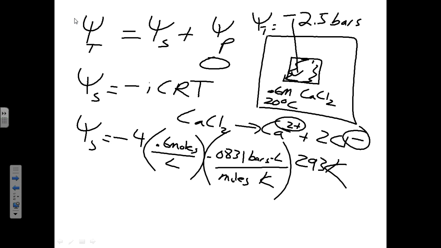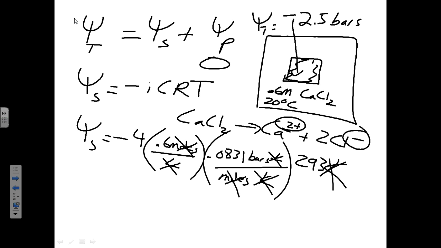So first of all, we check all our units, and moles will cancel out right here. Liters will cancel out right here. And Kelvins cancel out right here. So we're left with bars. Now we need to calculate it out. So 4 times 0.6 times 0.0831 times 293.